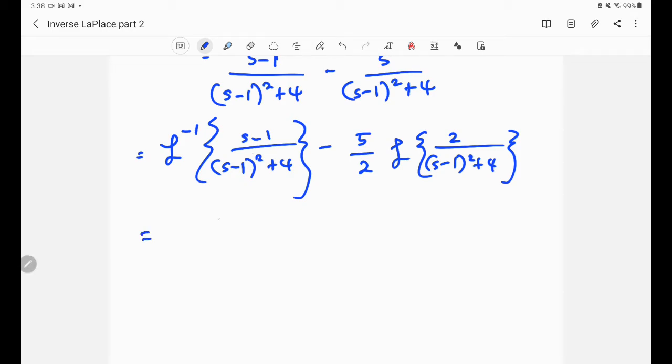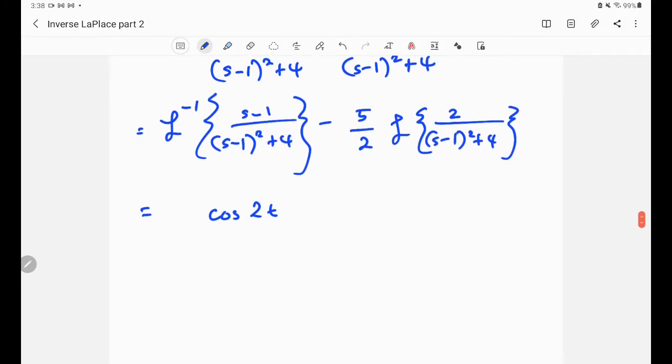So this will become, without the first shift, a cos function, cos 2t, but because there's a shift with the s here, we use a is 1, so e^t cos 2t.